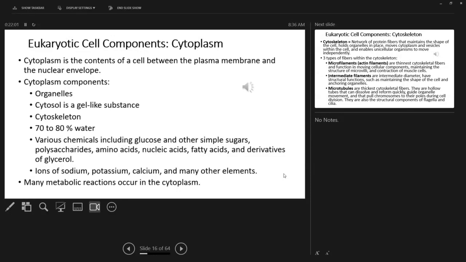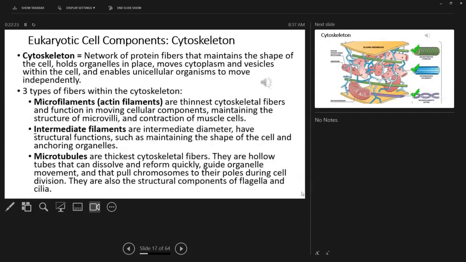And nucleic acids, like RNA, which we'll learn about, have the information that tells the cell how to make different molecules. A lot of chemical reactions are going on inside of cells all the time.